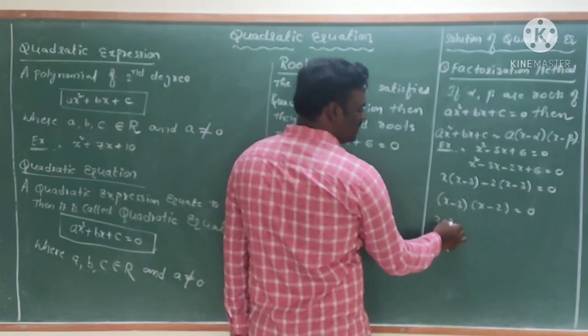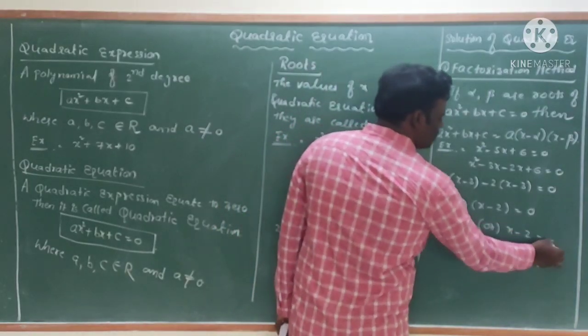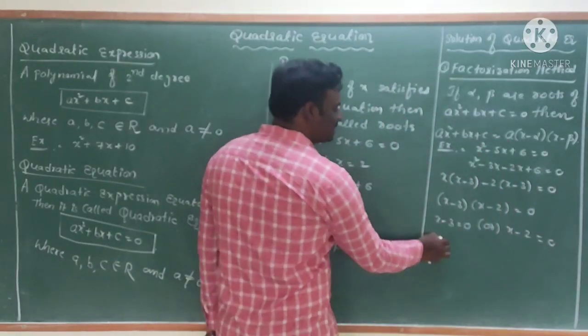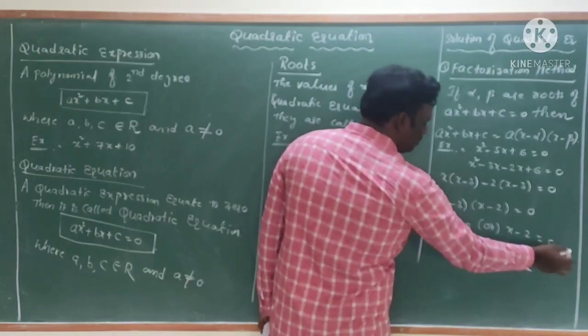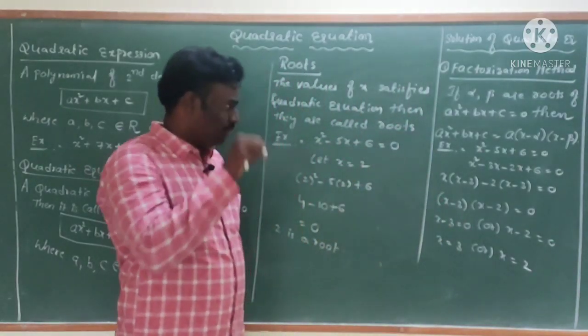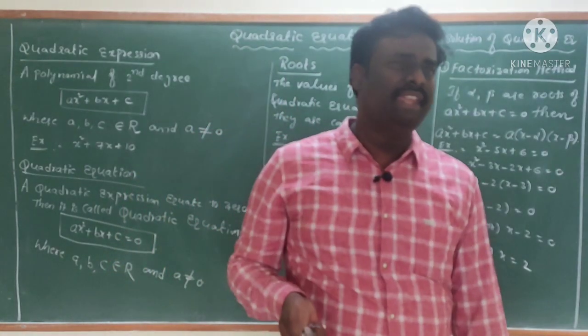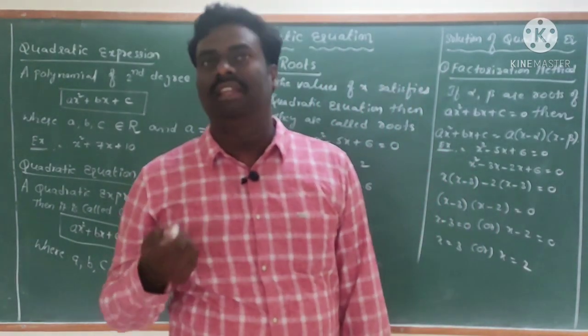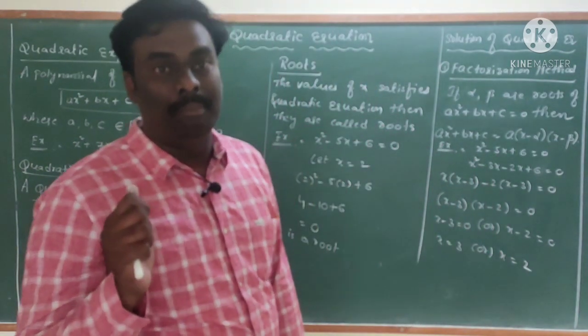Then x minus 3 equals 0 or x minus 2 equals 0. Then x equals 3 or x equals 2. These are the roots. That is nothing but the solution of the quadratic equation. We are using the first method, that is called factorization method.